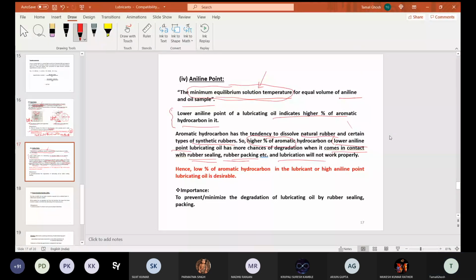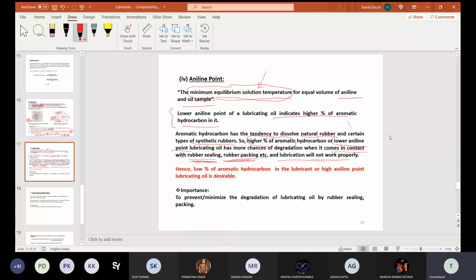These rubber materials will be present on the machine, or maybe directly connected with the surface under many situations. So these rubber materials will get dissolved, and with a high percentage of aromatic hydrocarbon, the chance of dissolving will be more, and the oil will undergo degradation. So the lubrication is hampered in such a condition.